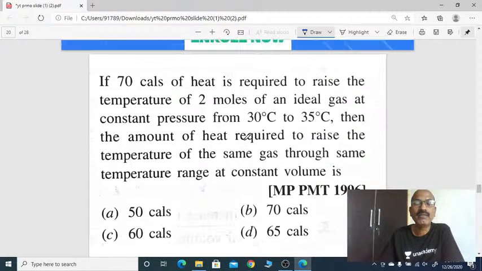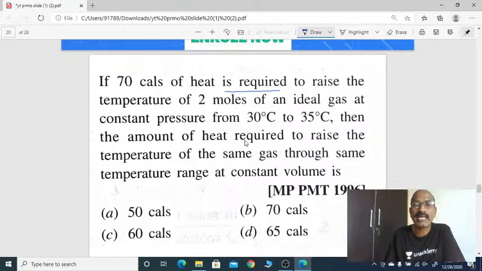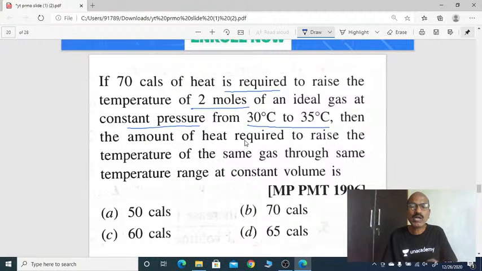Go ahead. Now, if 70 calories of heat is required to raise the temperature of 2 moles of an ideal gas at constant pressure from 30 degrees to 35 degrees, then what is the amount of heat required to raise the temperature of the same gas through the same temperature at constant volume?